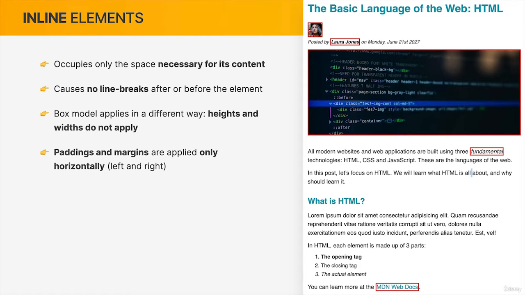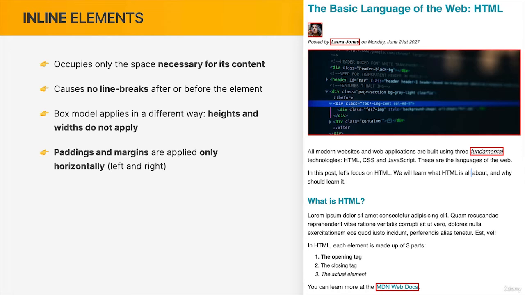But anyway, now about the box model. As I said, it works differently in inline elements. So for inline elements, the height and width properties do not have any effect. Also, paddings and margins are only applied horizontally, or in other words, on the left and right sides, but not on the top and bottom.